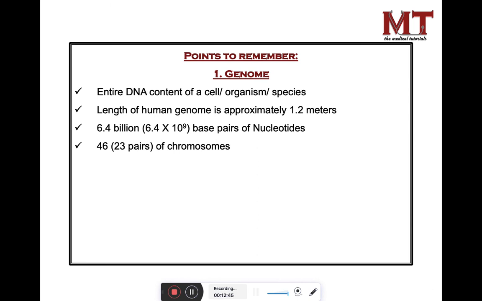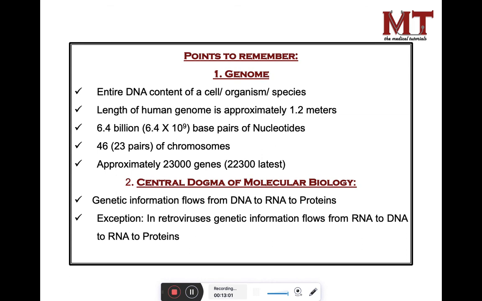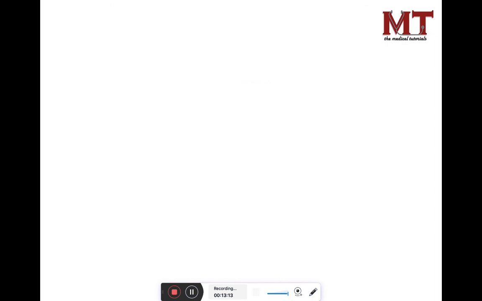And there are about 23,000 genes. To be precise, there are 22,300 genes in the whole human genome. The central dogma of molecular biology is that genetic information flows from DNA to RNA to proteins. Exception is the retroviruses, where the genetic information flows from RNA to DNA, again to RNA, and then to proteins. Examples of retroviruses: HIV, HTLV.